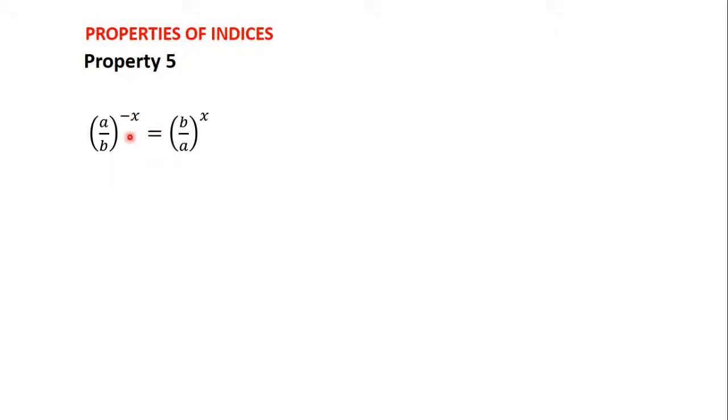When you have this, what you do is that you reciprocate the fraction. So the numerator becomes the denominator and the denominator becomes the numerator. And when you do that, the negative here changes to positive. So this a divided by b exponent minus x is equal to b divided by a exponent x.